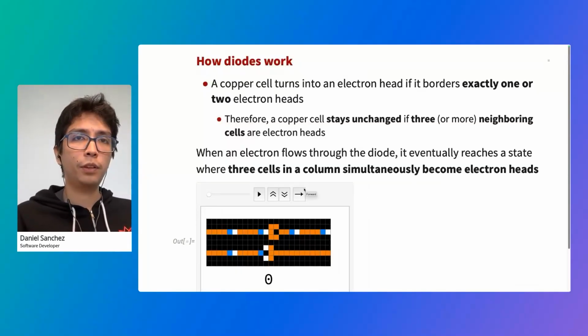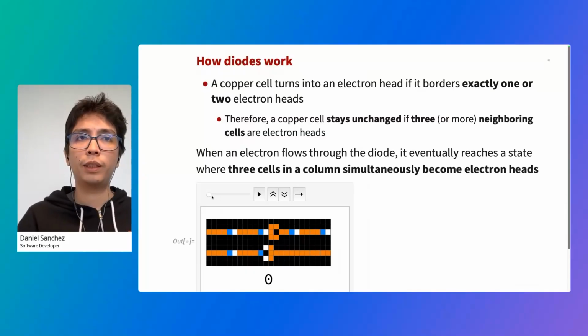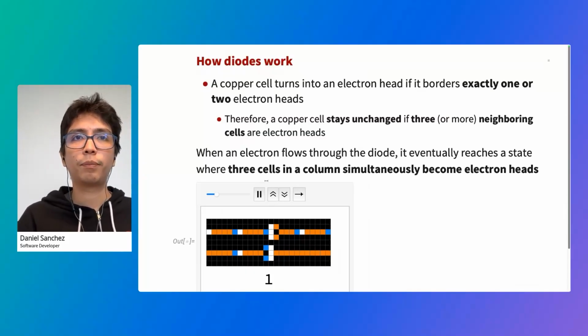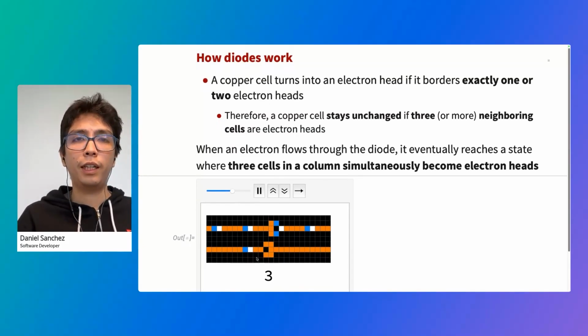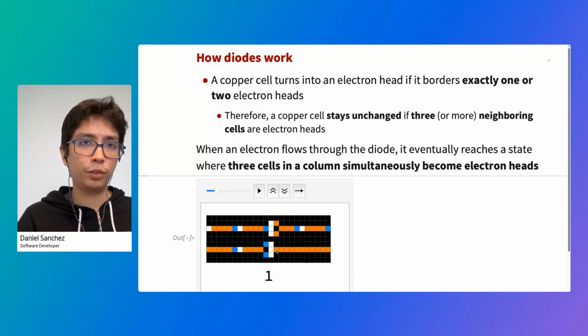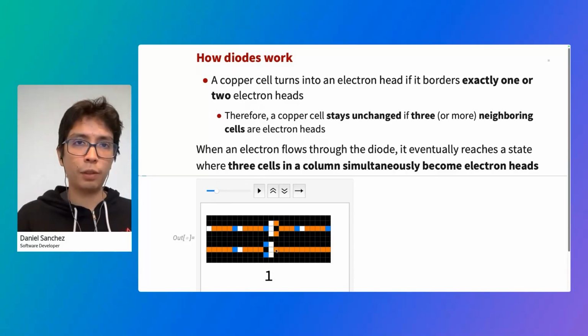The key observation of how this works is that when the electron comes through the wrong way, at some point it will create this 3-electron head state here, which will prevent this wire cell here from converting to an electron head because of the wire rules.